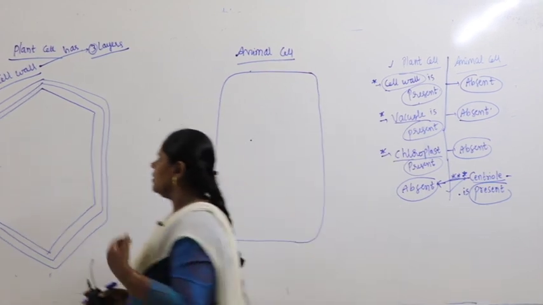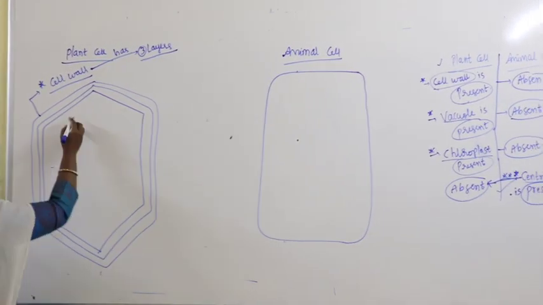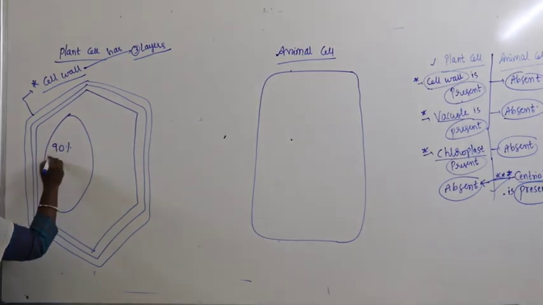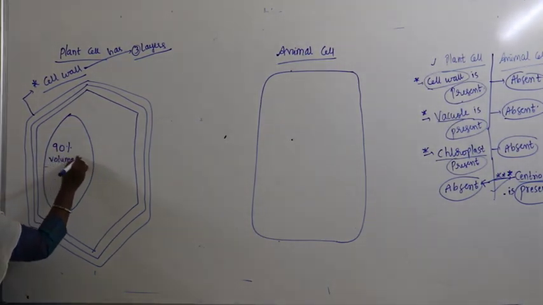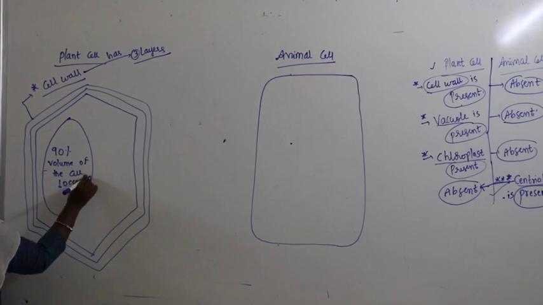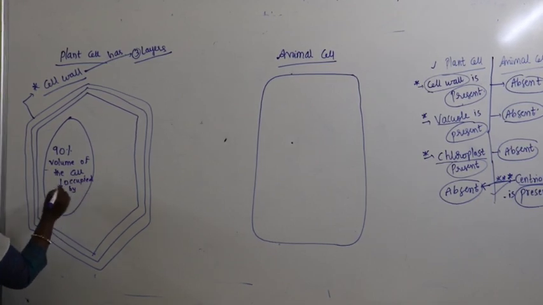Now here, if you look at 90% volume of the cell, it is occupied by an empty space called vacuole.